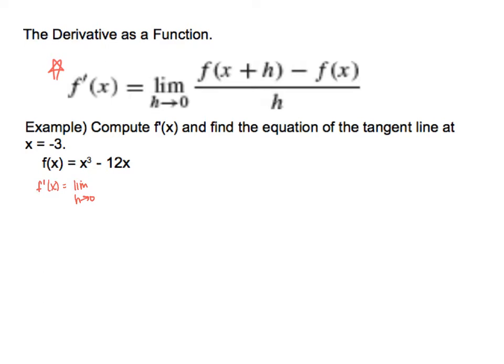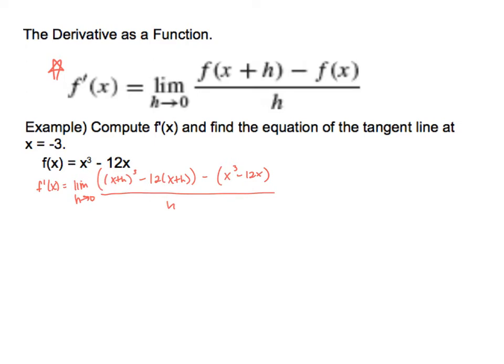So in this case, f of x plus h, we're going to do x plus h quantity cubed minus 12 times quantity x plus h, big parentheses, minus parentheses, x cubed minus 12x, all over h.